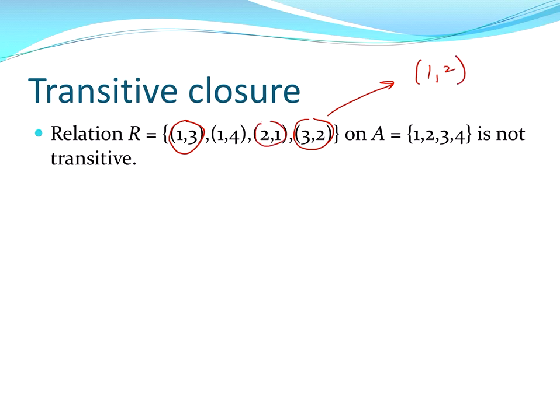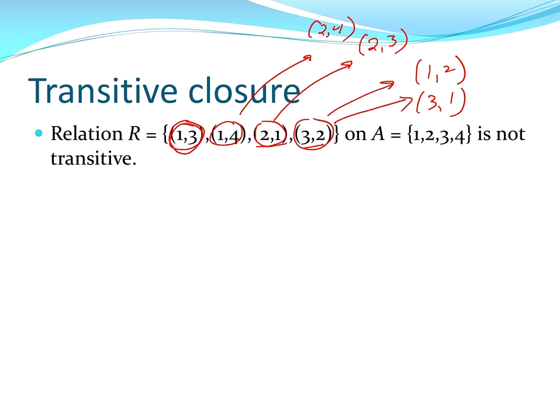I see a (2, 1) and a (1, 3), but I don't see a (2, 3). Also (2, 1) and (1, 4), but I don't see a (2, 4). And what else is missing? I have (3, 2) and (2, 1), but I don't have a (3, 1).